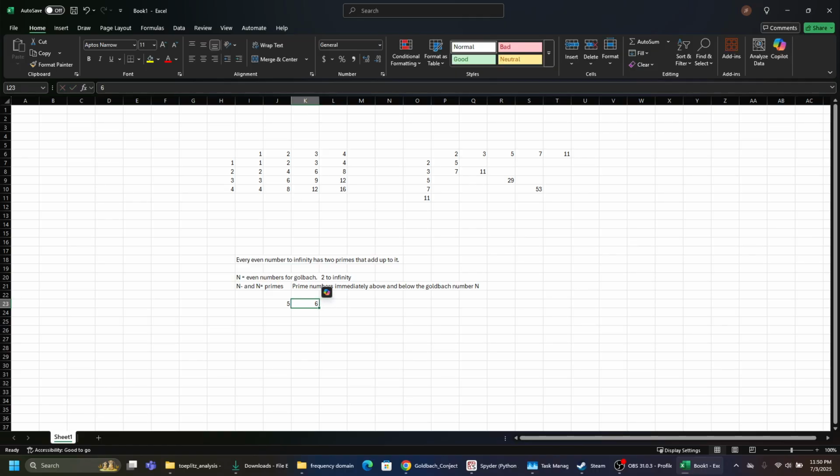Or let's do it a cleaner way. If this is n, then you would have P1 is 5, P2 is 7, and delta is 2. Delta is just 7 minus 5.